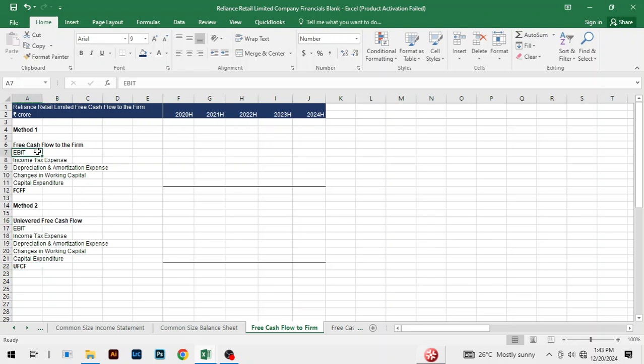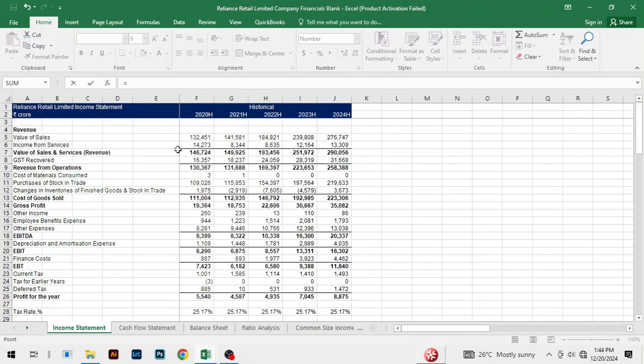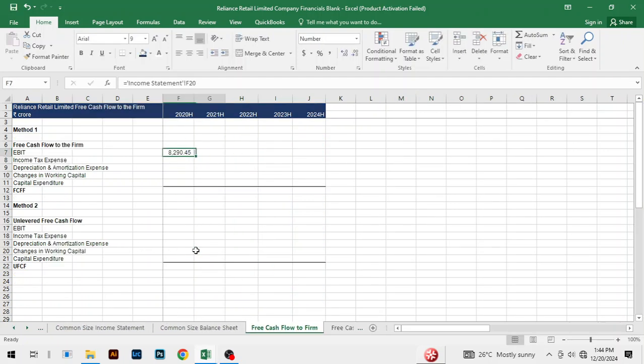And the formula here is we start with EBIT, we act like we are paying taxes, depreciation and amortization expense we add back, and changes in working capital and capex we subtract, right? So here I'm just going to link the EBIT from the income statement. So here we have got EBIT, so I'm just going to pick this figure here and copy that right through.